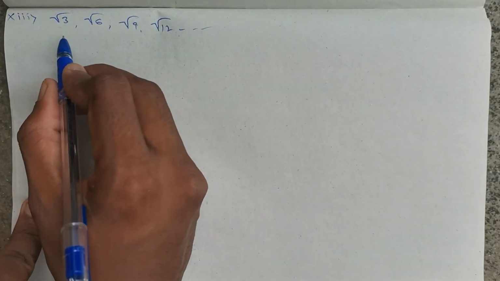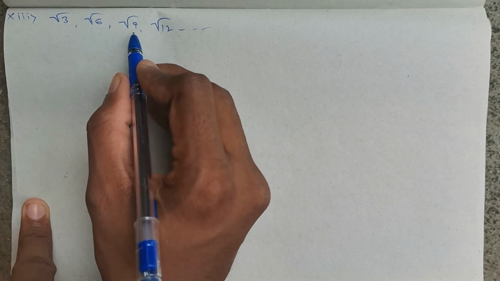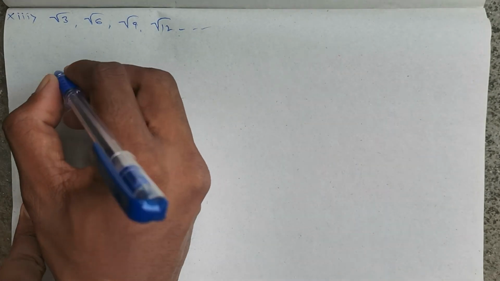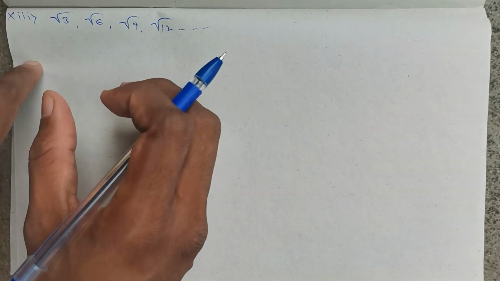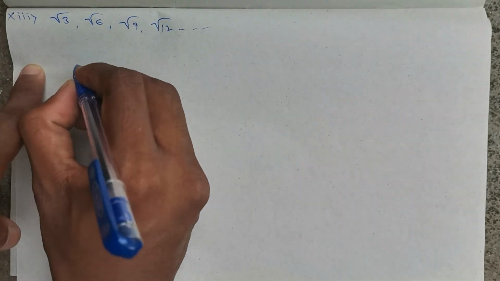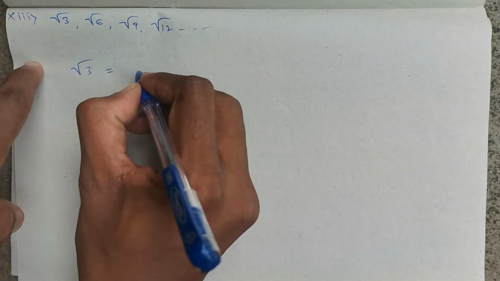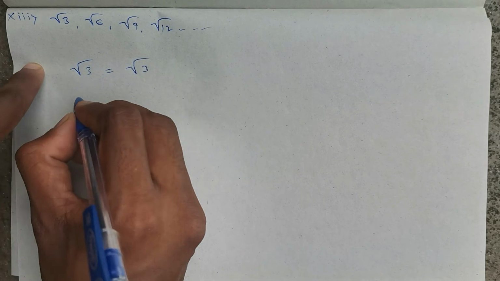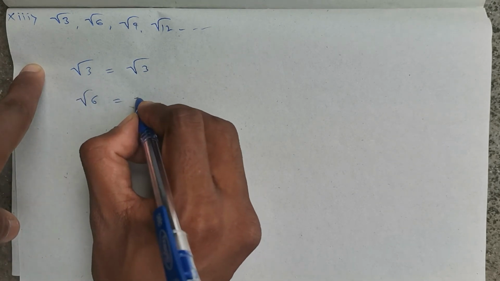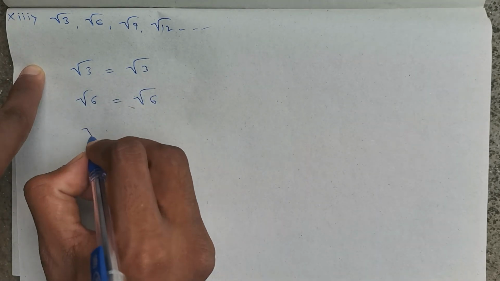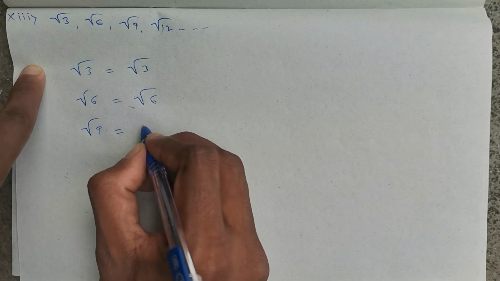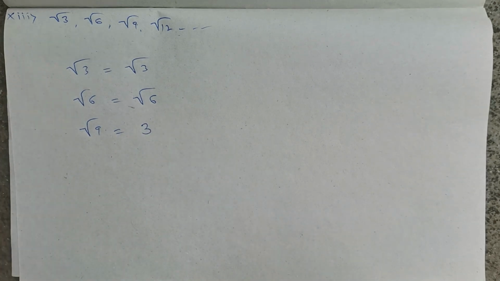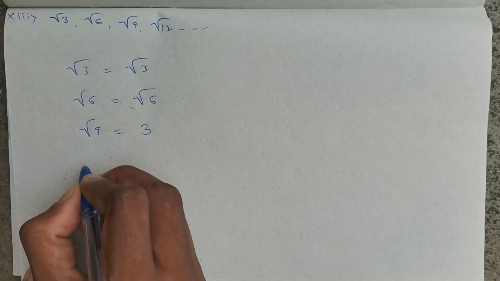Okay, the last question in this exercise is root 3, root 6, root 9, root 12 and so on. First, I will check whether any simplification is possible. Root 3 we cannot simplify, so root 3 only. Root 6 we cannot simplify, so root 6 only. Root 9, yes, we can simplify: root 9 is 3 because 3 square is 9.